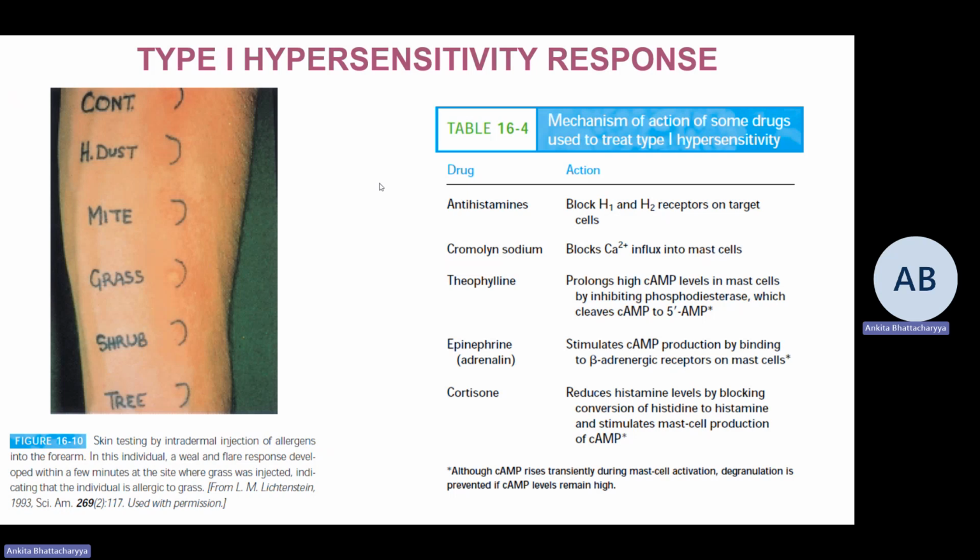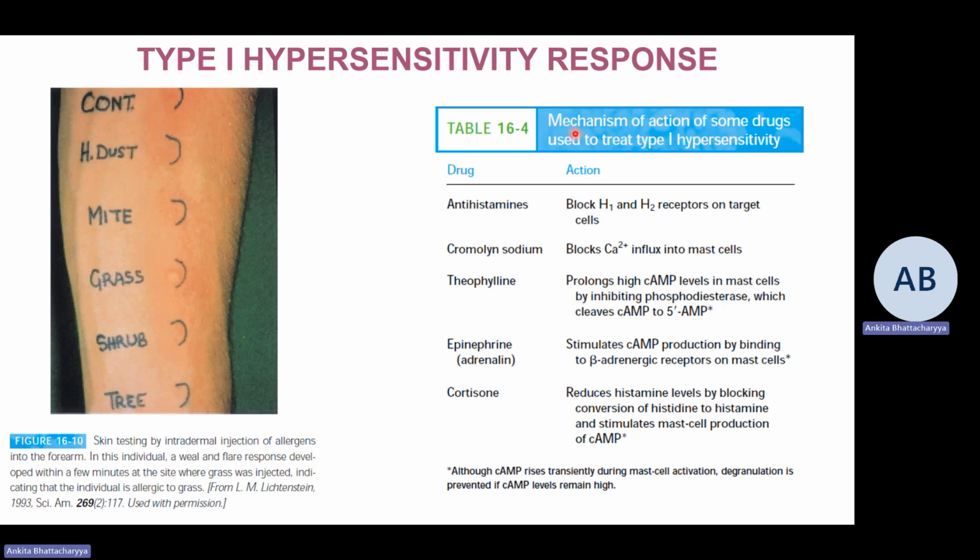So control, there is dust, mite, grass, shrub, etc. So there are intradermal injections which are being done into the forearm. It's also often done in the back because that gives you a bigger surface area to test for a large number of pathogens. And as a response, what is observed is a wheal and flare response. You can see some of it for grass as well. And you can see that it has developed where grass was injected, and such an individual would be considered to be allergic to grass.